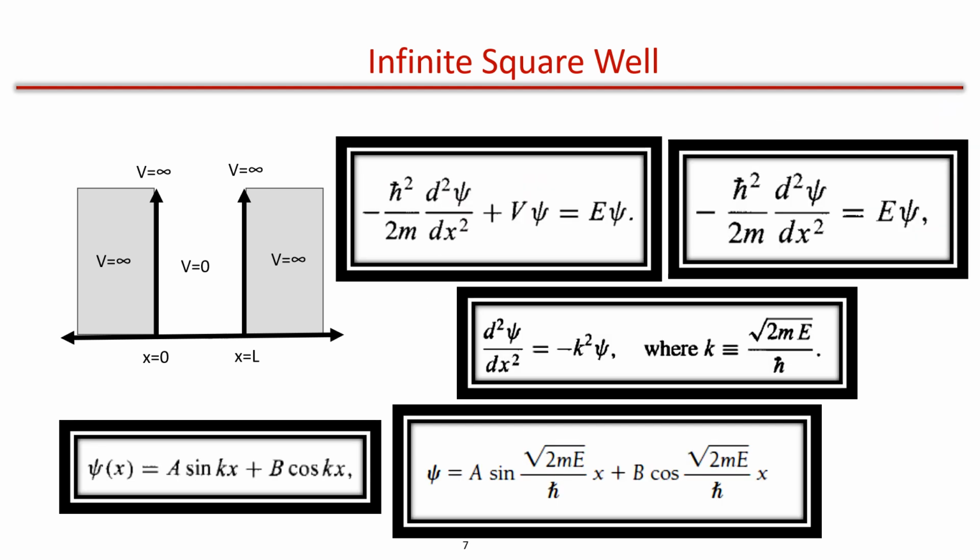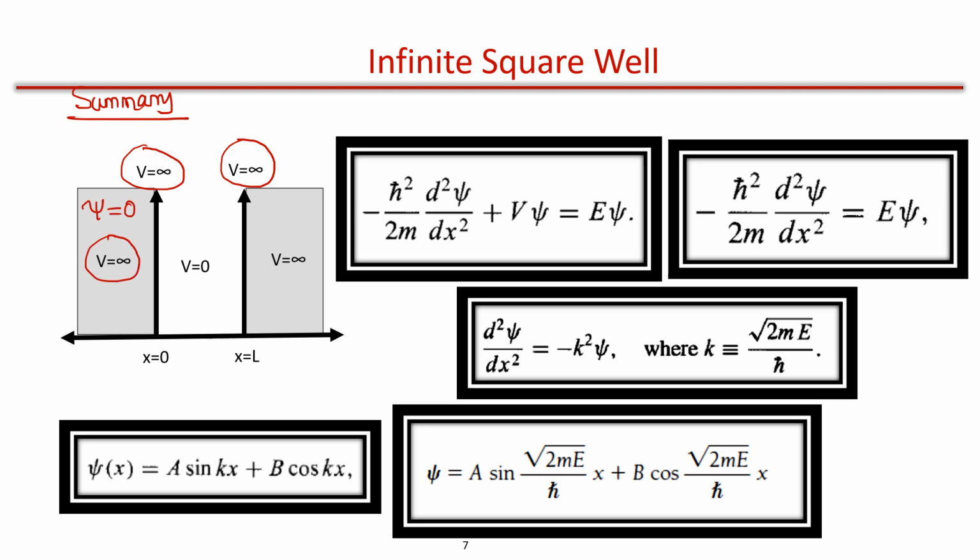So let's have a quick summary. Whatever we have read, we have read that at x is equal to 0, potential energy is infinite, and at x is equal to L, potential energy is infinite. For x less than 0, potential energy is infinite and wave function is equal to 0.